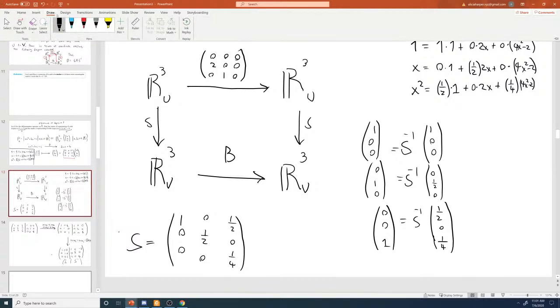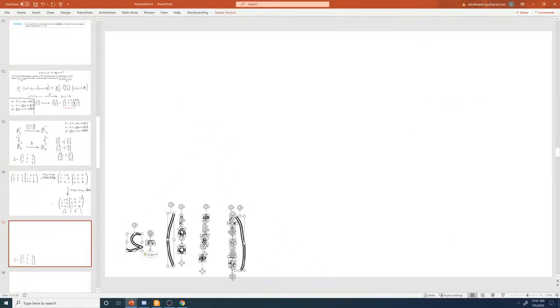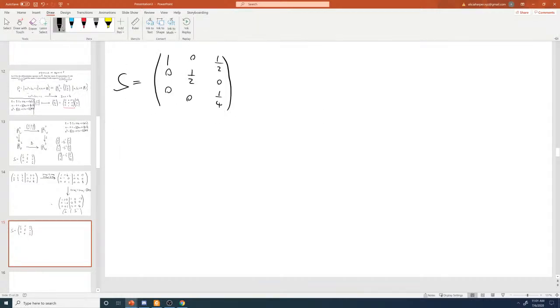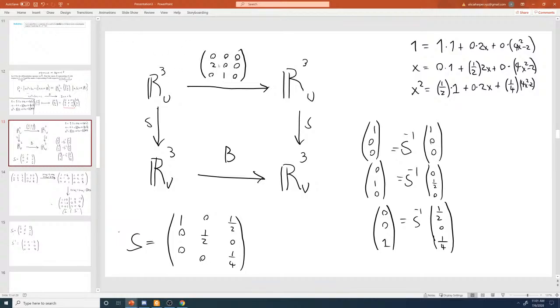So let's take it all. I take this, and I note that S inverse here is going to be 1, 0, -2, 0, 2, 0, 0, 0, 4. I also take my matrix from all the way back here.